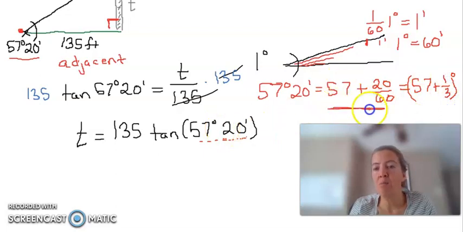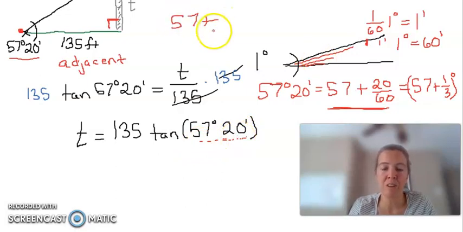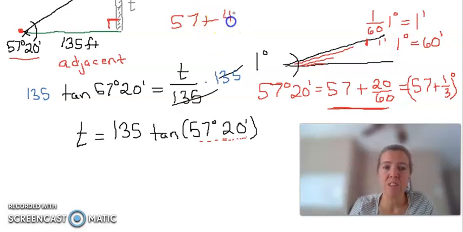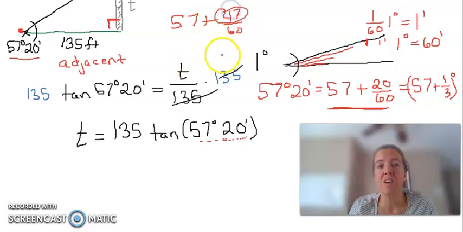This is the way you can input it into the calculator. So 20 is kind of a nice number. If you had like 47 minutes, then you would say plus 47 out of 60. Just in general, if you have minutes, you would put your minutes over 60 and add that to your whole degrees.